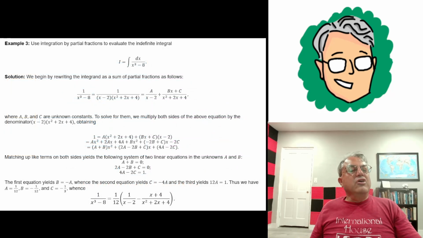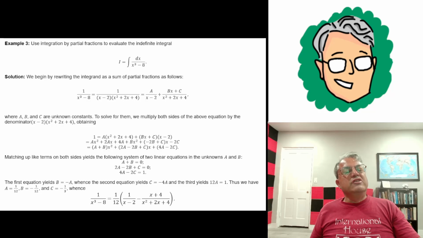And now we want to solve for these constants A, B, and C. So we do it the same way we did the last two examples, which I gave you in the last video. We just multiply everything by the common denominator, which in this case is (x minus 2)(x squared plus 2x plus 4).